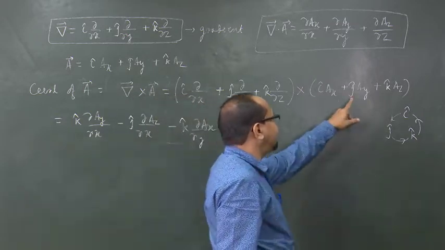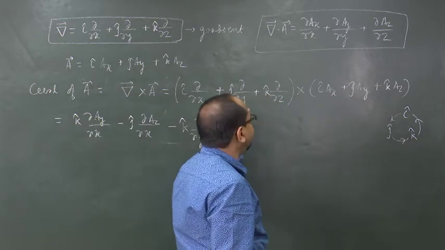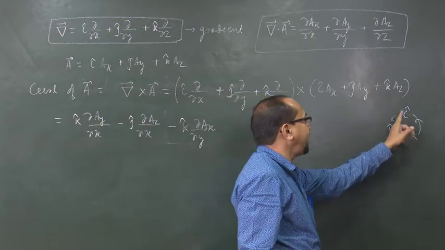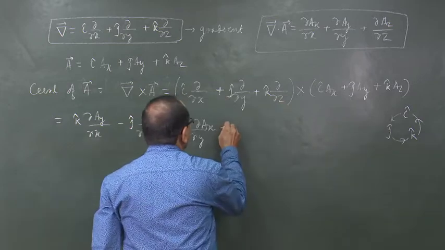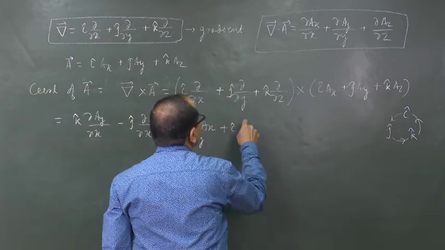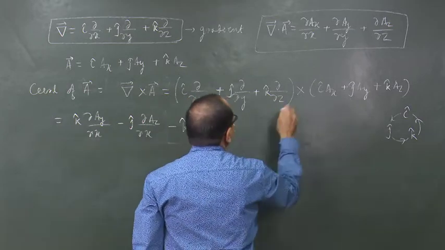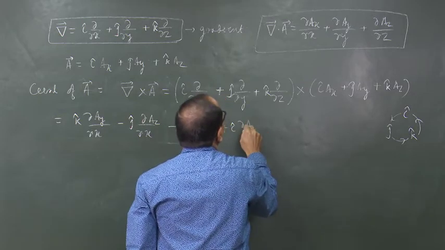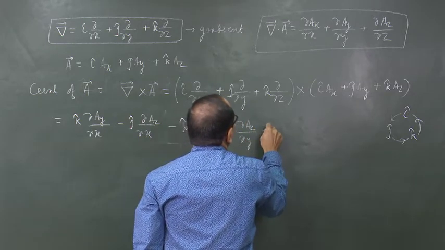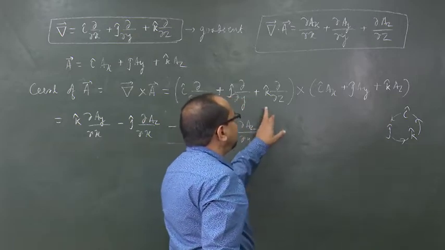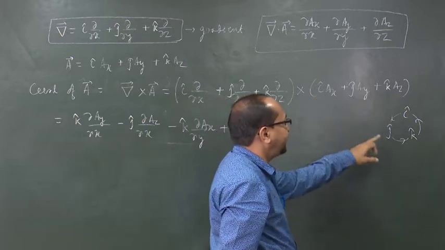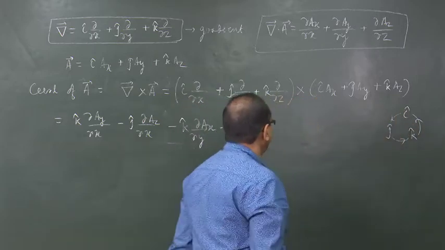Then j cross j is 0, j cross k is i cap. So, it is plus i cap del Az by del y. Then k cross i is j cap.